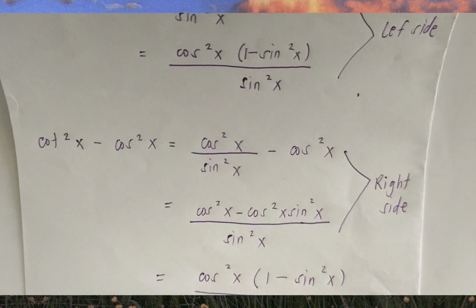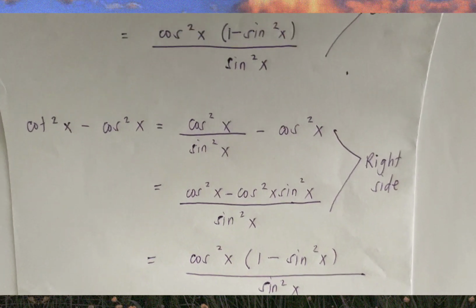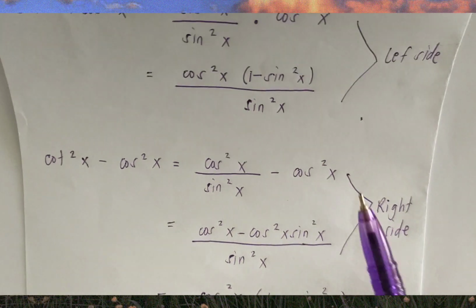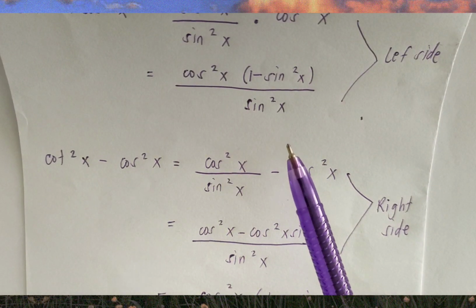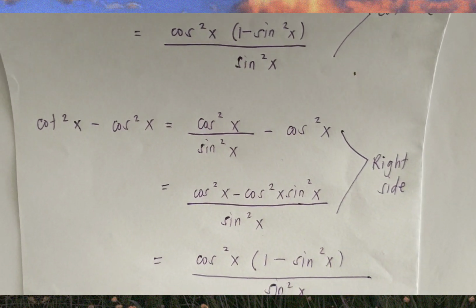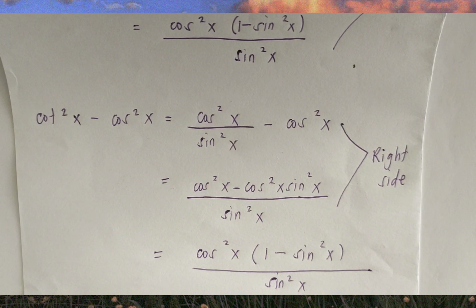Since both sides, look at our left side, and then your right side. Since both sides end up with the same expression, the given equation is an identity.